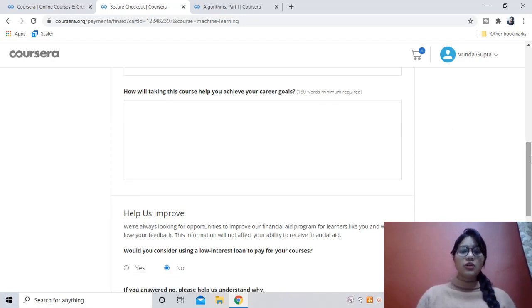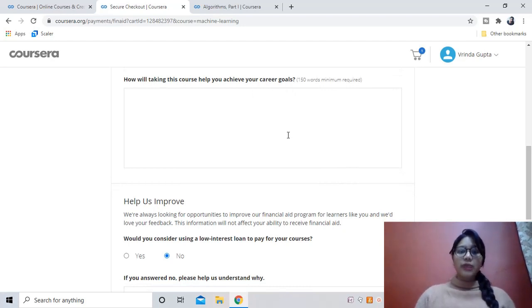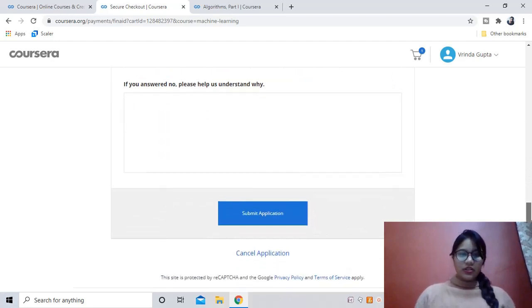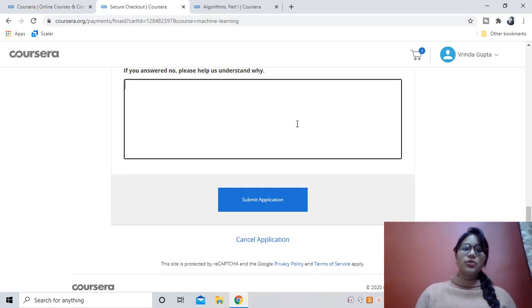Whatever you want to learn from this course, whatever you're planning ahead, what are your future goals, you can mention all of that here. And then, would you consider using a low interest loan? No, of course not. So you have to write an answer which is genuine and which they consider to be valid, and then you just have to submit the application.